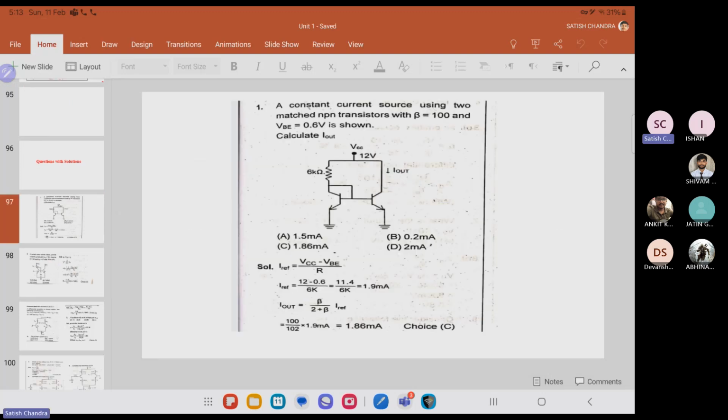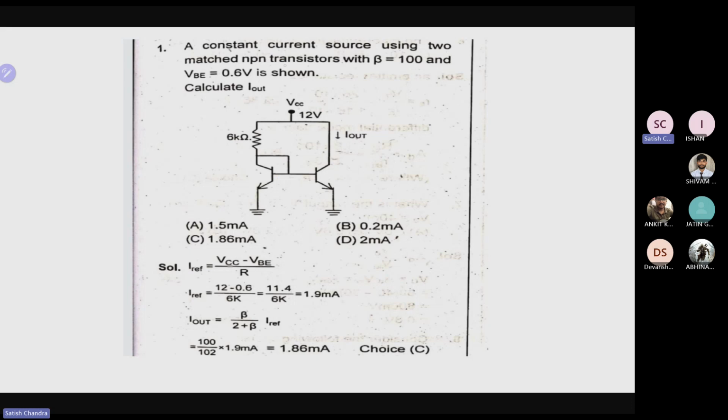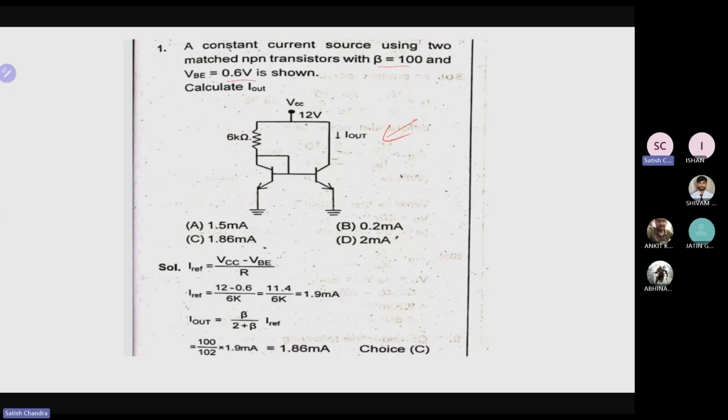Looking at the first question: a constant current source using two matched NPN transistors with beta 100. I have taken this from a book. The question says VB is 0.6 V as shown, and calculate Iout. Basically, this is nothing but a current mirror.